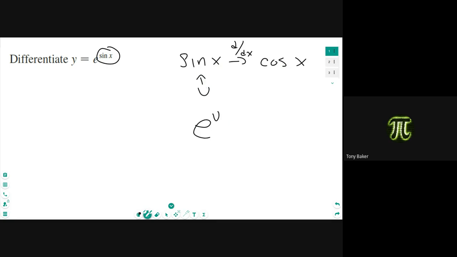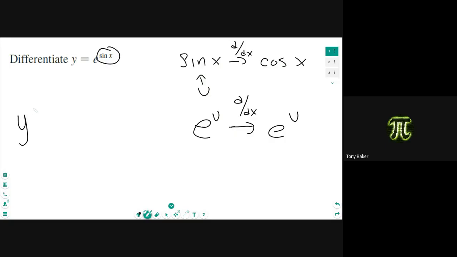So what's the derivative of e to the u? Just e to the u, right? So we replace sine of x with u. Does that part make sense? Okay.